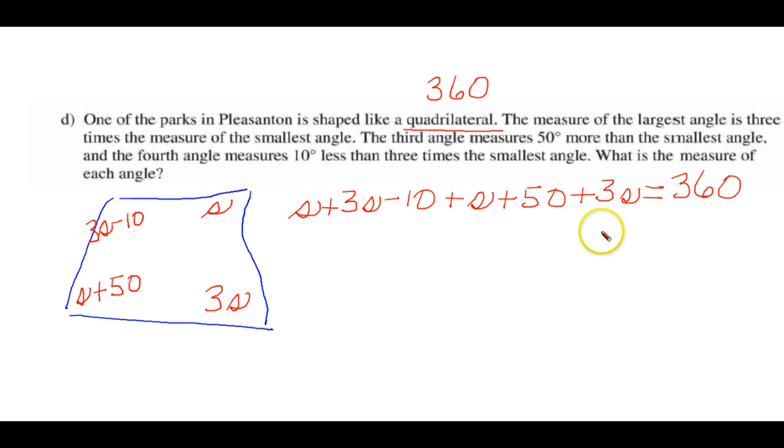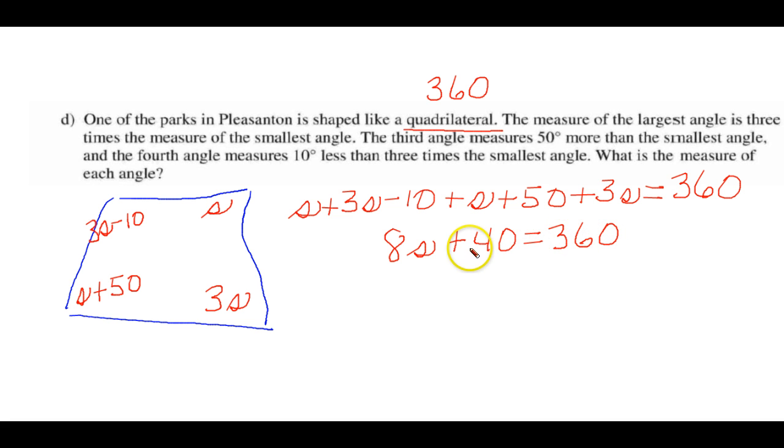Now, what's our first step? Group like terms. So we add up all our S's and we get 8S. Add up all our numbers and get 40. And that equals 360.